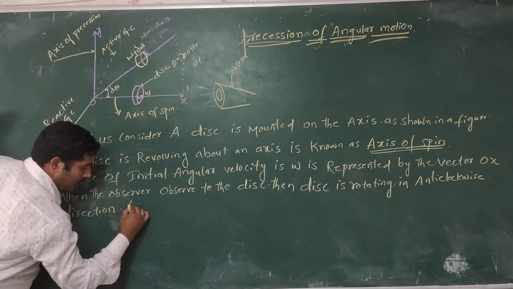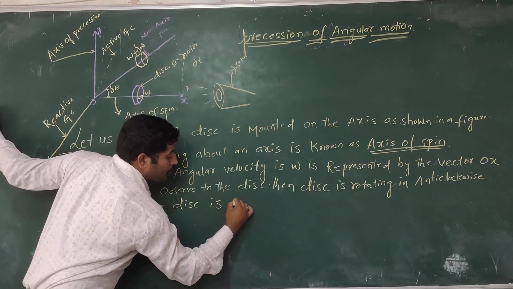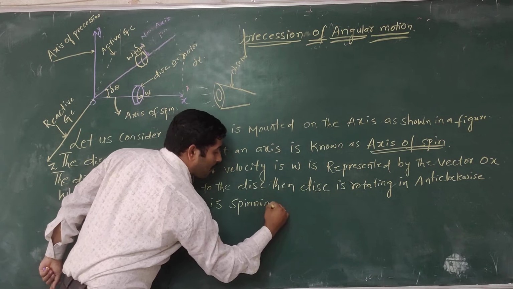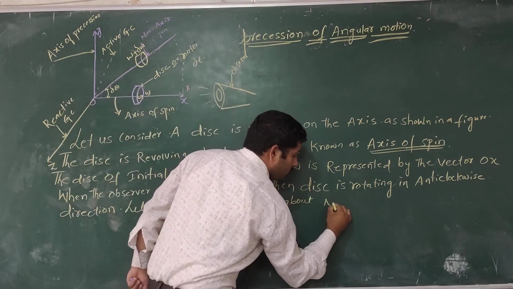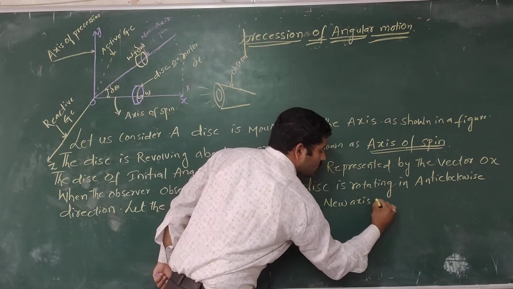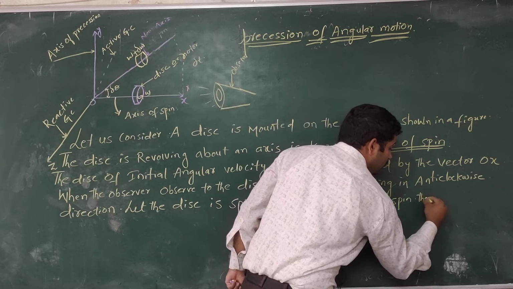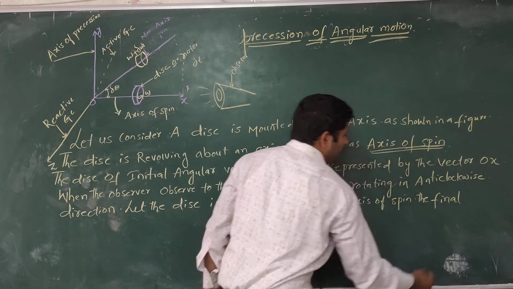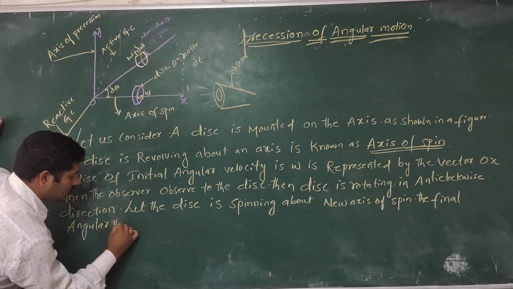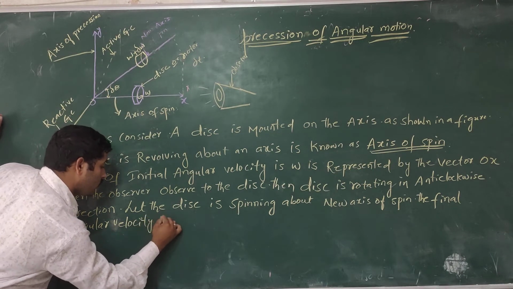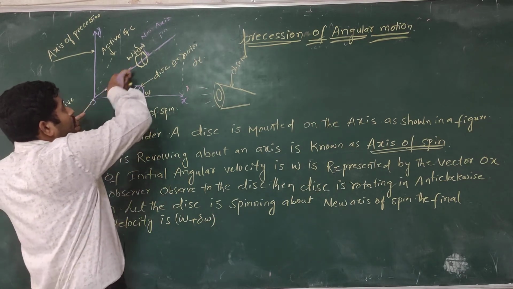Then let us consider that the disk is spinning about the new axis of spin, and the final angular velocity is omega plus delta omega, represented by the vector OX dash.